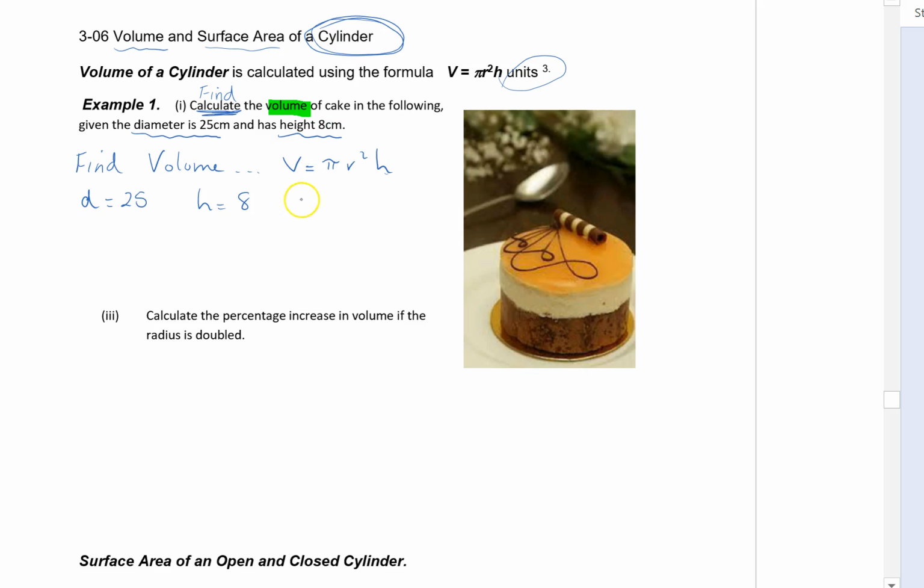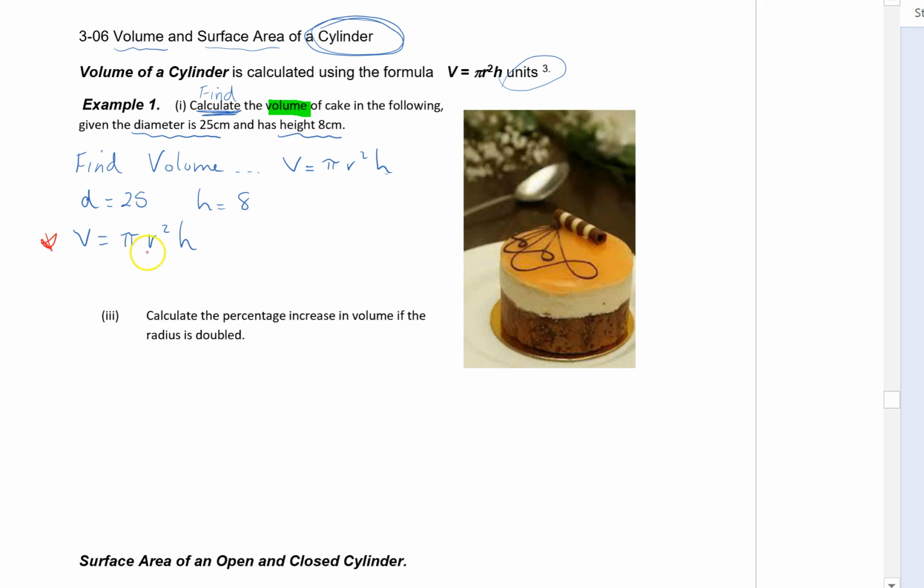We know that the diameter is 25, and I've written diameter is 25, and the height is 8. Now, having either thought about it or actually rewriting the formula to get started, and again, this is a really important thing to do.